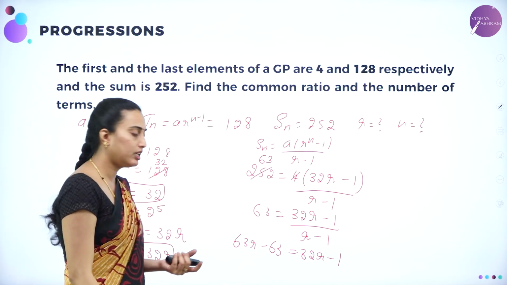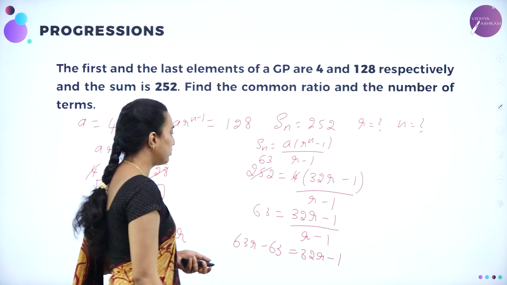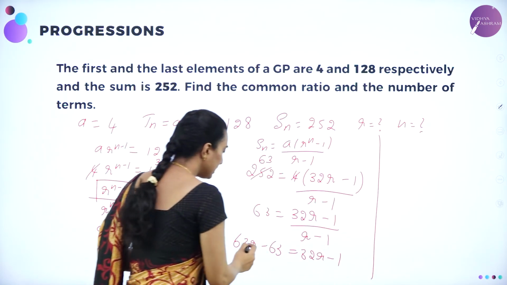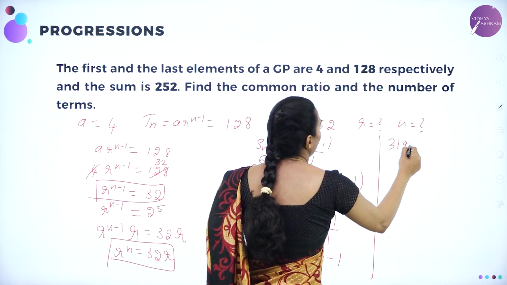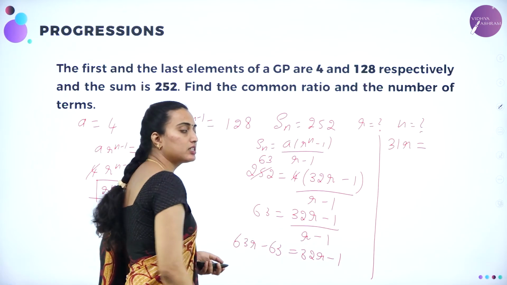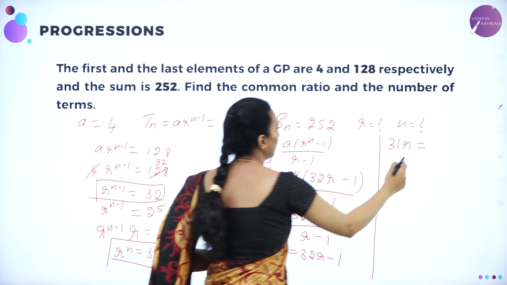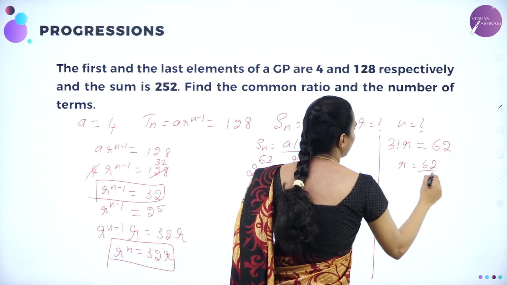See here, taking term 32r to this side and minus 63 to that side, we get 63r minus 32r is 31r. 31r is equal to minus 1 plus 63, which is plus 62, so r is equal to 62 divided by 31.